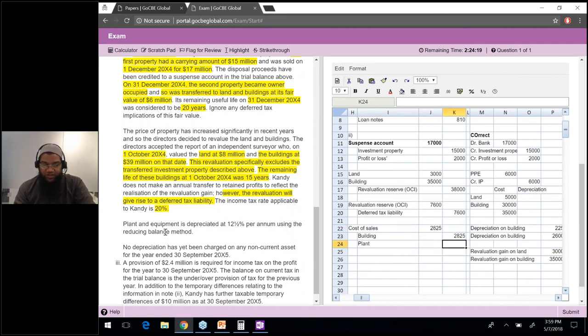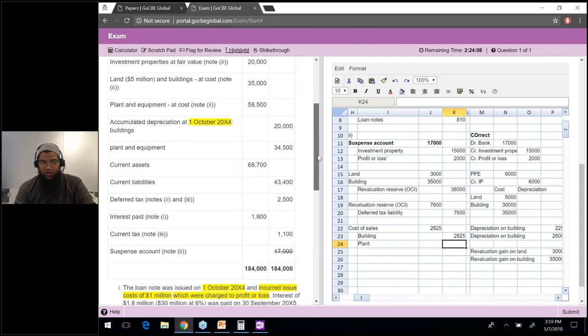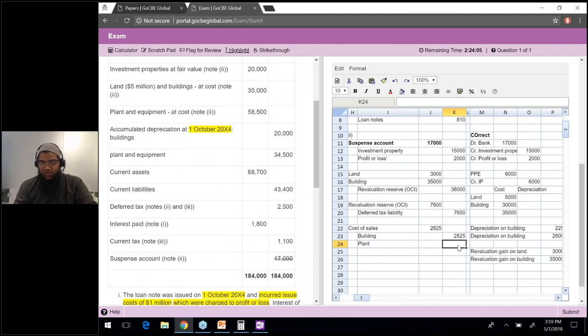Now for plant, the question says plant and equipment is depreciated at 12.5% per annum using the reducing balance method. So for that, we need to go back to the question. The cost of the plant was 58,500 minus the accumulated depreciation of 34,500, into the 12.5% depreciation rate.